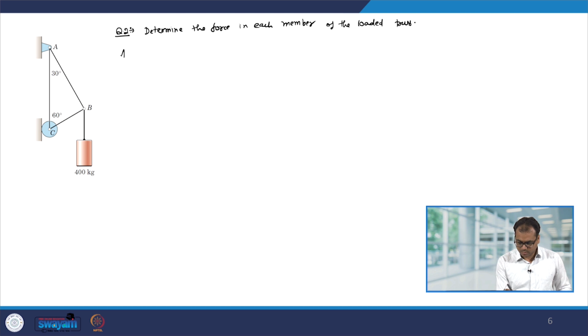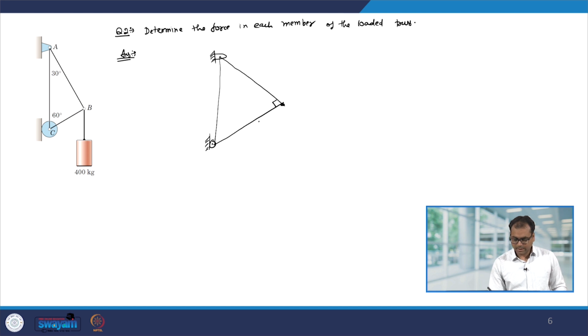So, we have a pin joint here, and we have a roller support here, and then this angle is given as 90 degree, because this is 60 degree, this is 30 degree. So, therefore, this has to be 90 degree, and from here you have a weight of 400 kg.